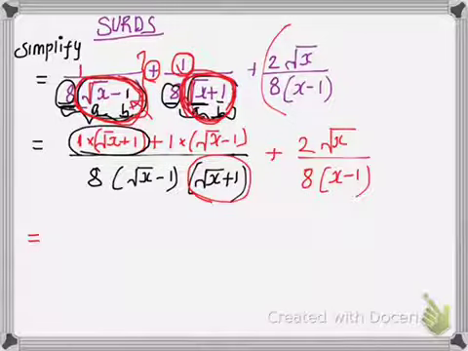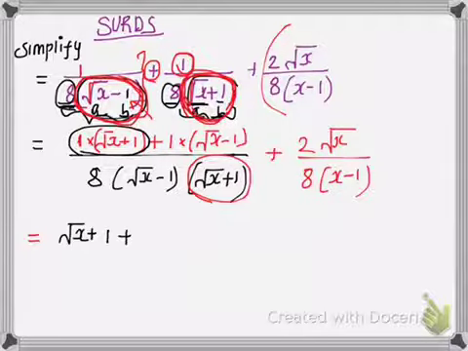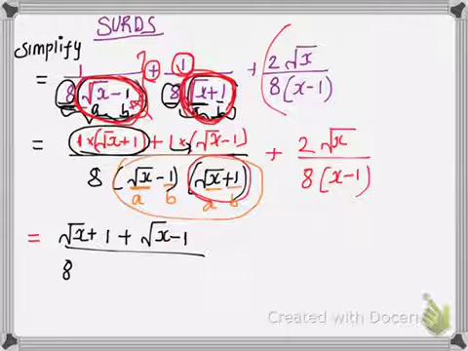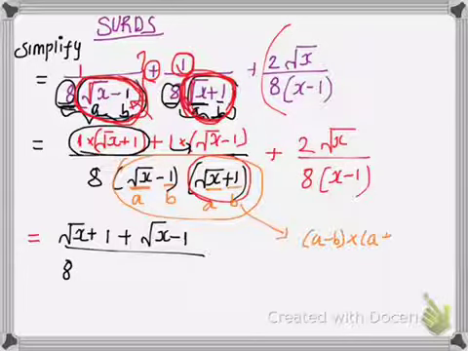1 times root under x plus 1 gives root under x plus 1, and positive sign is positive sign. 1 times root under x minus 1 is root under x minus 1 divided by 8, and as I've told you before, assume this root x to be a and negative 1 to be b, so this is a, this is b, and we can see clearly that this expression right over here is in the form a minus b times a plus b.